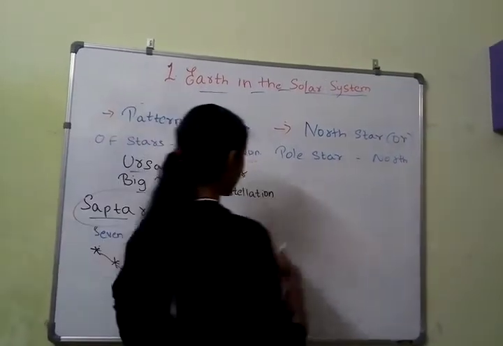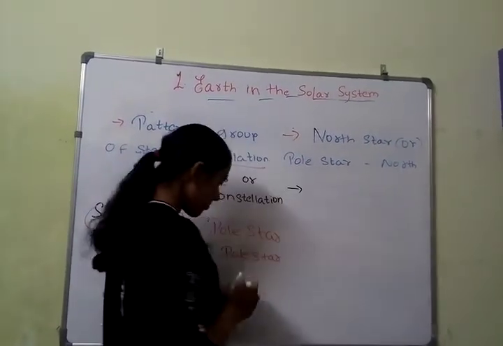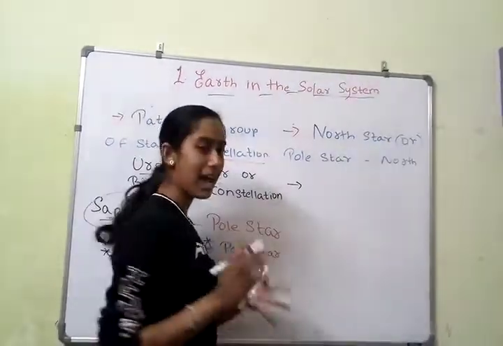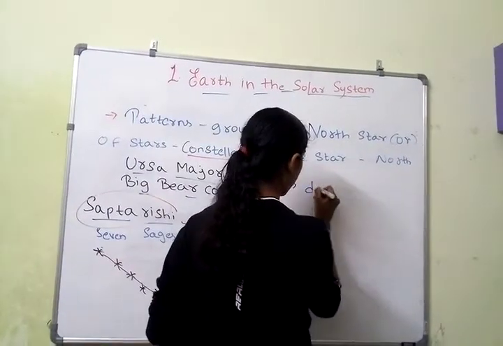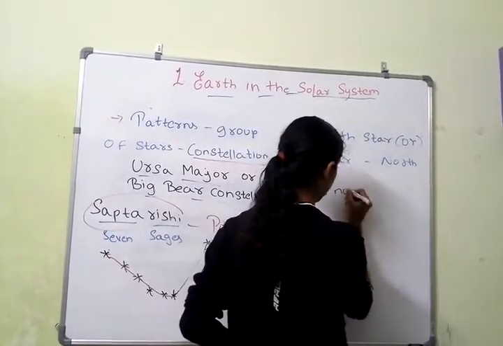And next, there are some celestial bodies which do not have their own heat and light.